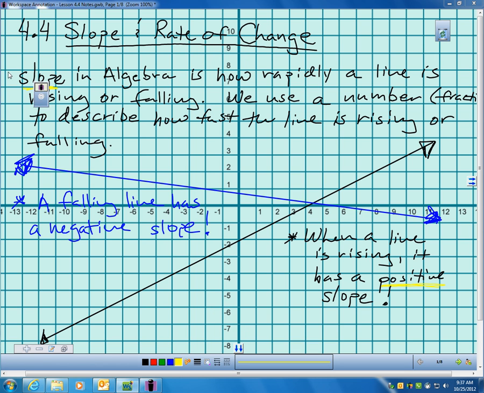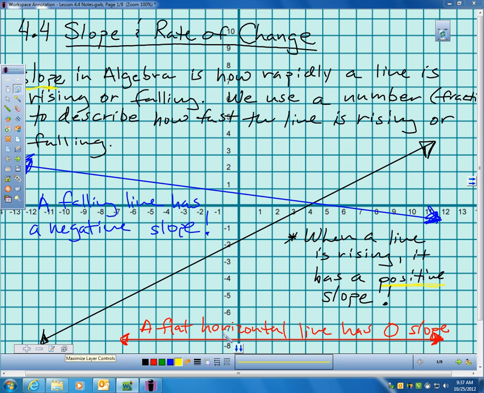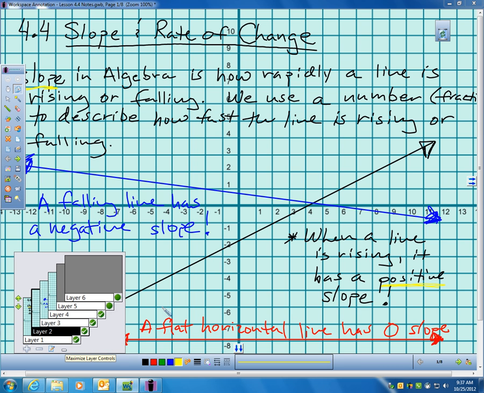A third type of line that you will see is a completely horizontal line. A flat horizontal line has a slope of 0, has no slope. And then there is a fourth kind of line that you will come across, and that would be one that's completely vertical. And I did this in green.